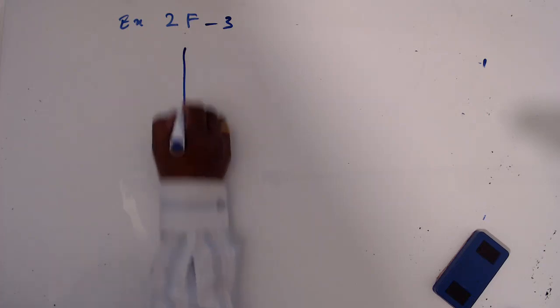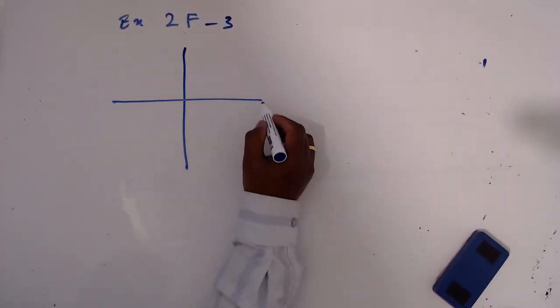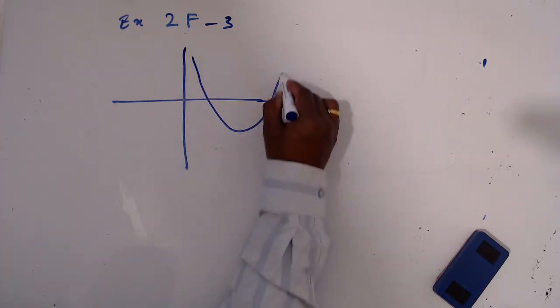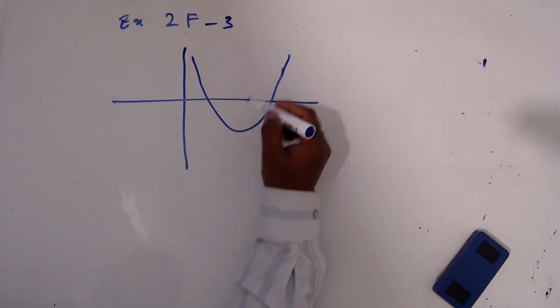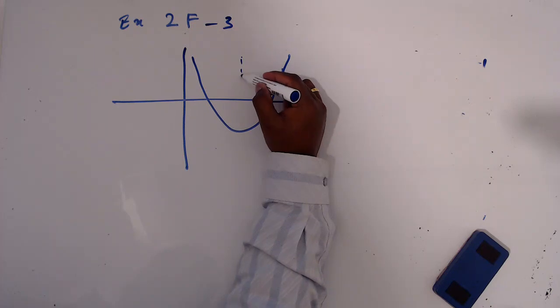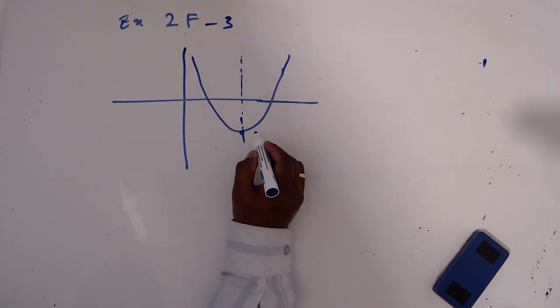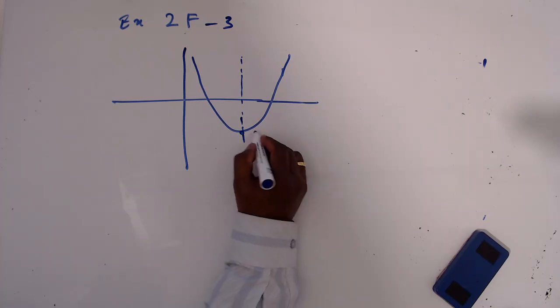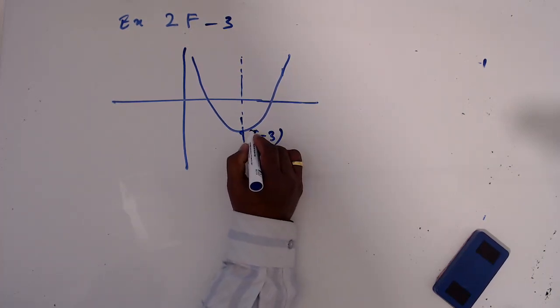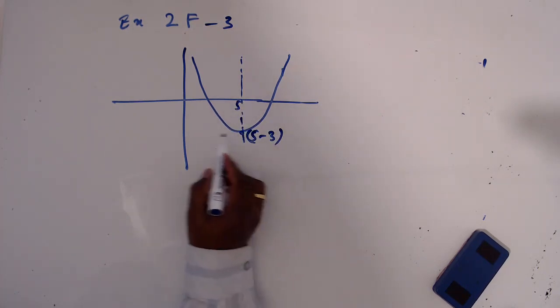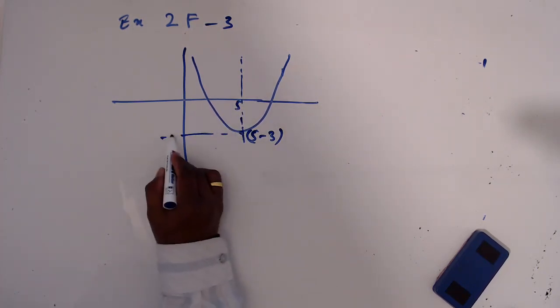Question number 3. So the graph has a minimum. So minimum at 5, minus 3. So this is 5 and this is minus 3.